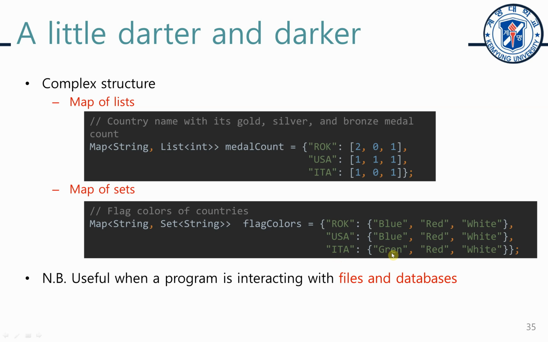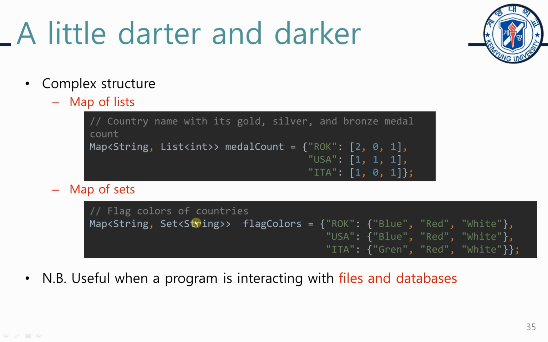So you can see the combination of collections. The map itself is a collection, and the list itself is a collection, and the set itself is a collection. We combine these collections in order to be able to create this kind of complex structure.